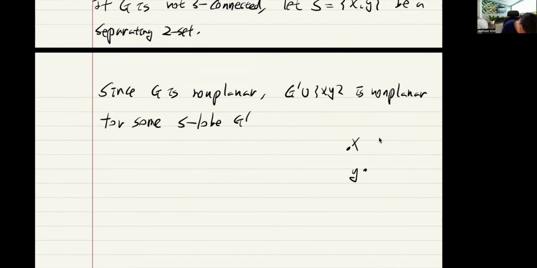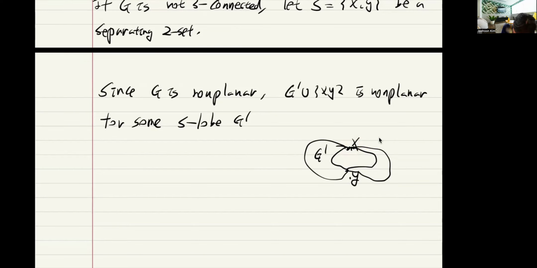So what do we have? x, y. We have a slope G' here, and then there must be another one, because you cannot separate this by using a set of size 1.